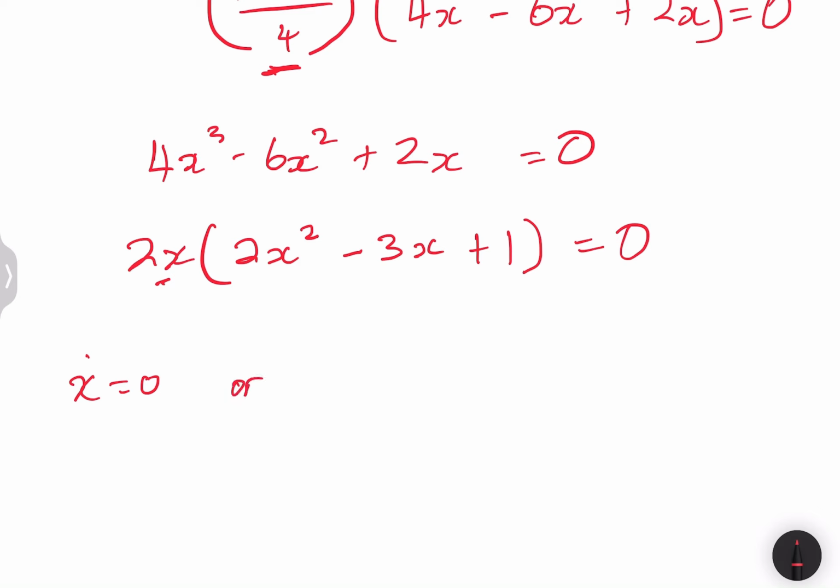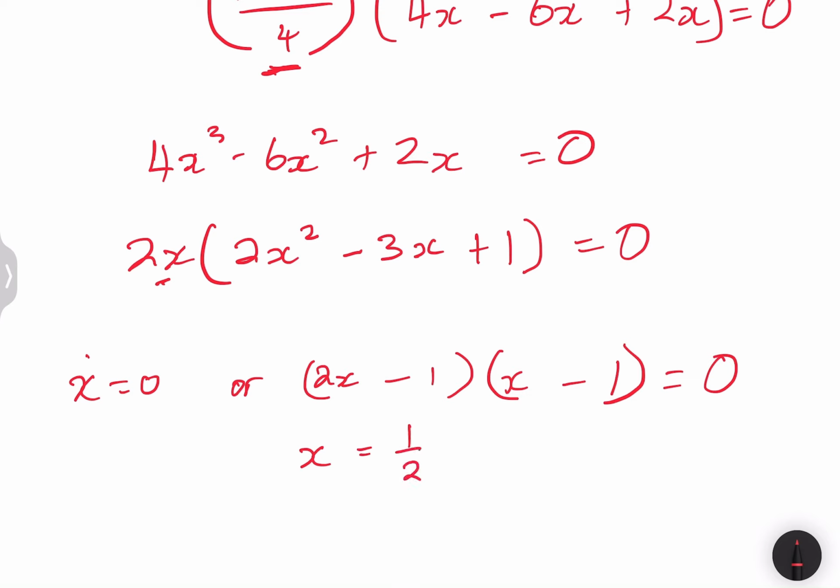Or in this case, let's factorize that quadratic. We'll have 2x and x, we'll have 1 and 1, we'll have negative and negative there, and this will give us 0.